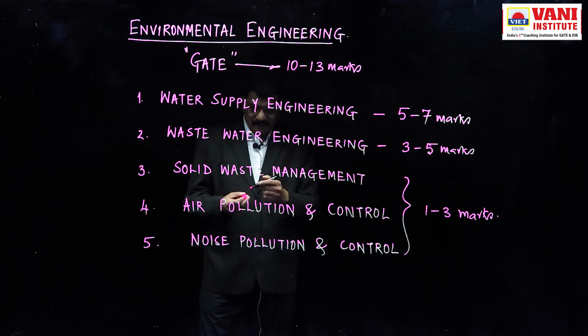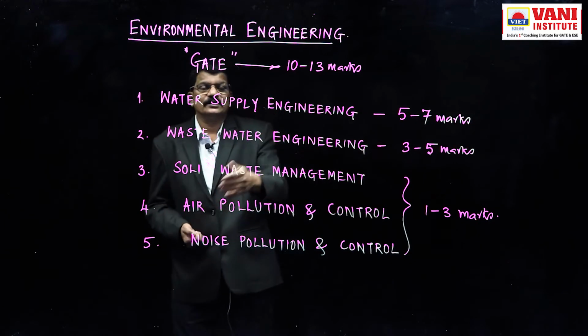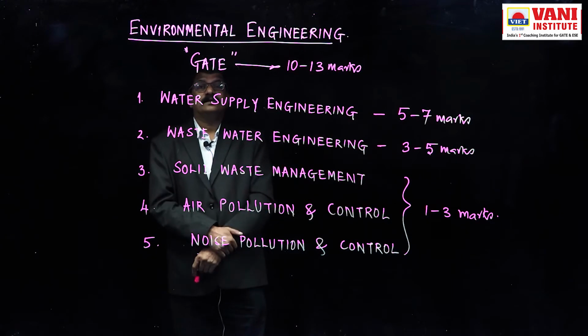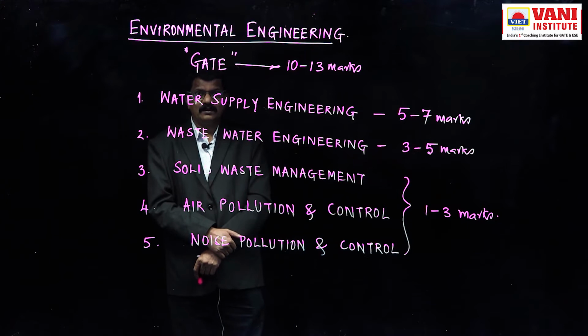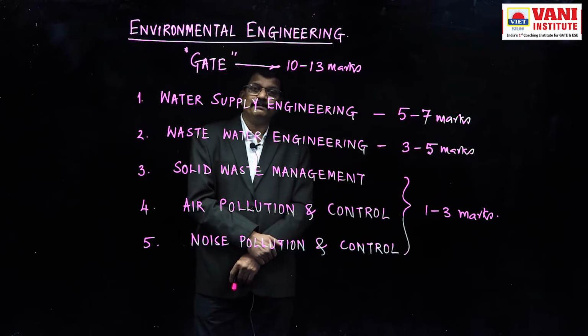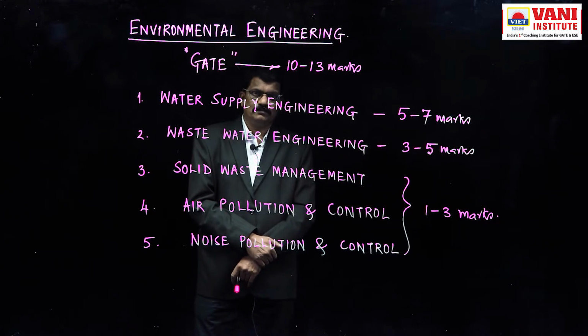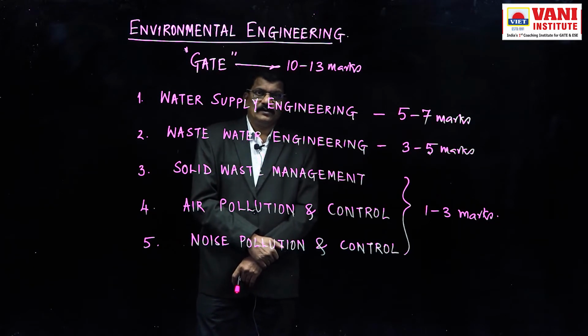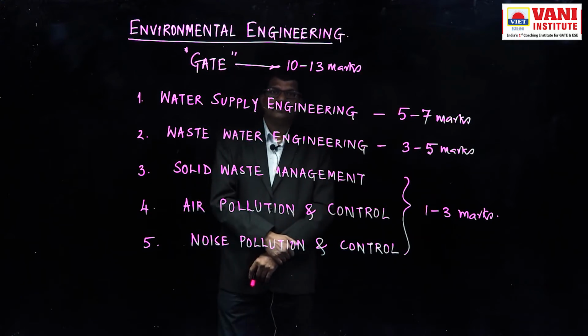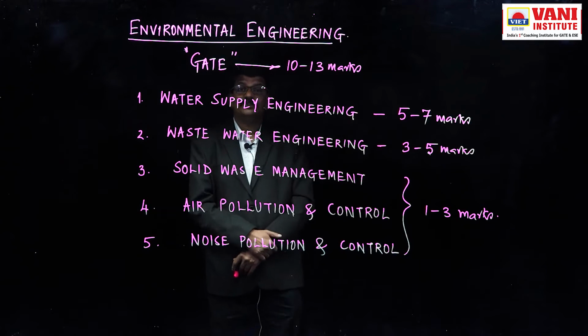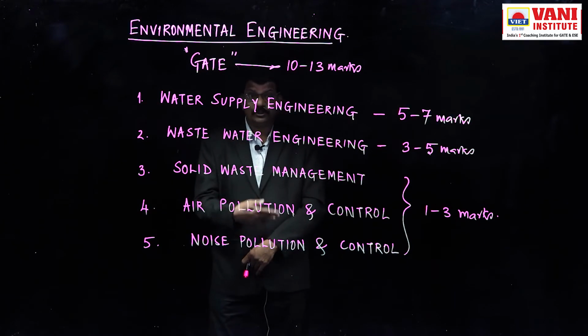When we go through all these topics or majors, we can see that we are basically talking about resources. And the most important resource for the survival of mankind is water. Under this subject, we are mainly concerned about the development of the sources of water.